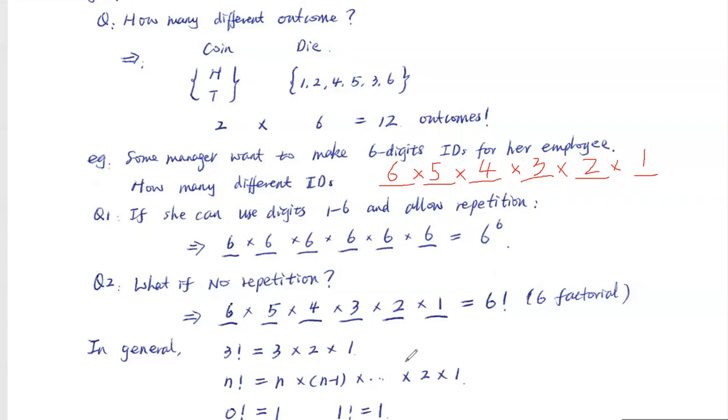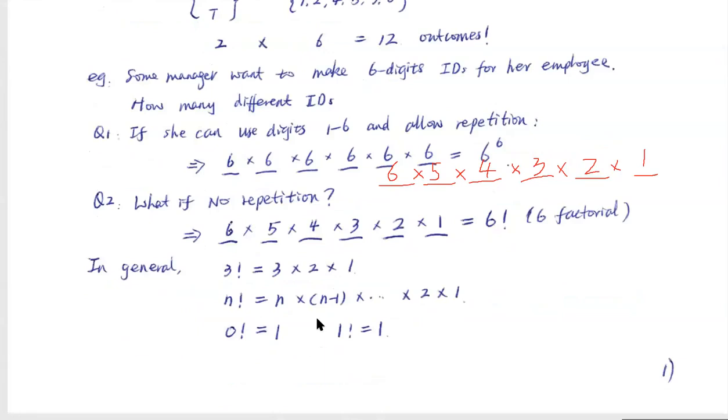This 0 factorial here is not that straightforward. Temporarily, we can consider 0 factorial as defined to be equal to 1. Everybody, 0 factorial is not equal to 0.